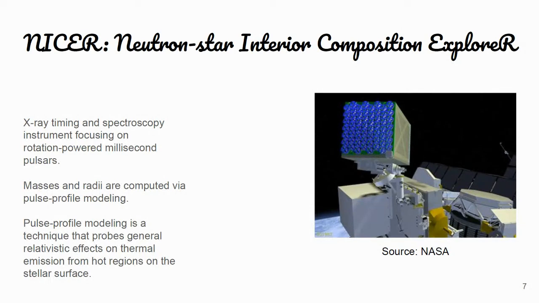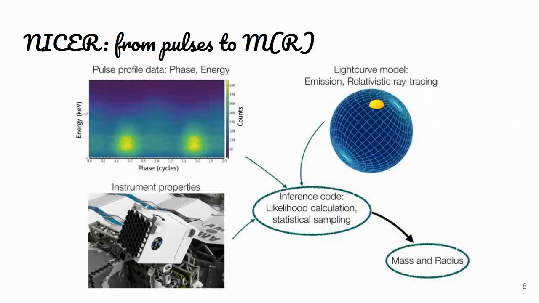It's an X-ray timing and spectroscopy instrument focusing on rotation-powered millisecond pulsars. And why is that? Because neutron stars, besides the fact that they are super compact and dense, often have strong magnetic fields. Often the magnetic axis is misaligned with respect to the rotational axis. So when we observe a star, we can see certain pulses associated with hot regions at the surface of the star.